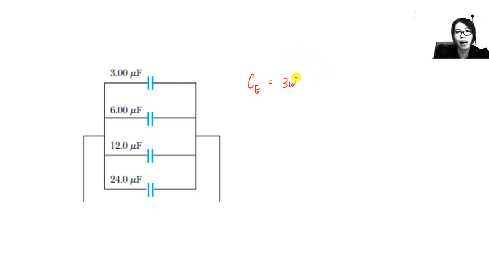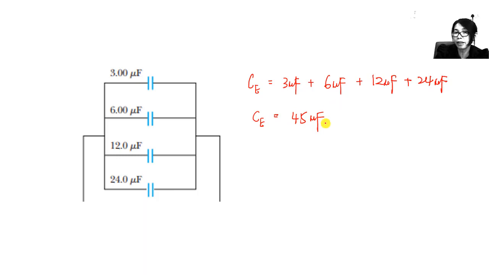I just total up all the values of the capacitors: 3 microfarad plus 6 microfarad plus 12 microfarad plus 24 microfarad. Then I get the total, or equivalent, capacitance for all these capacitors, which is 45 microfarad.